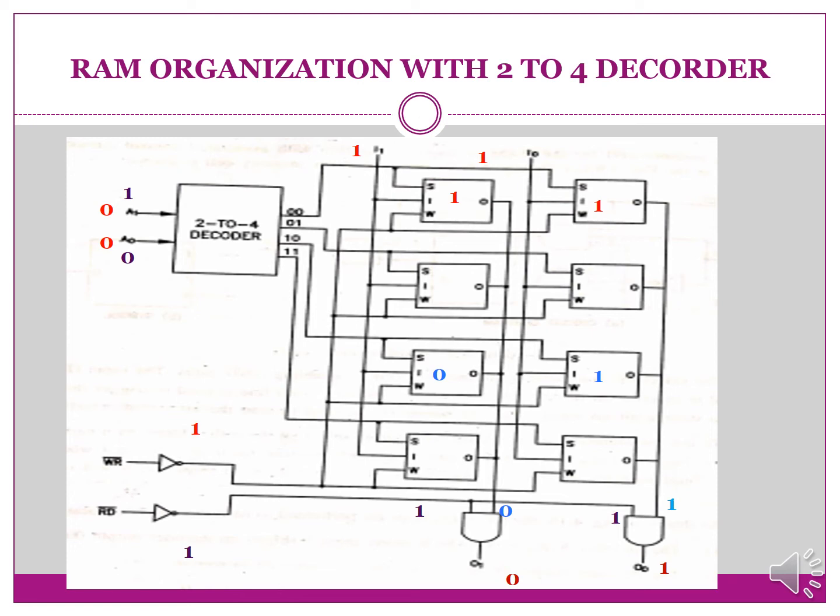So for reading purpose, here input we give A0 and A1 as 1, 0. So your 10 line of the RAM chip is selected for functioning. So the S pin will select the 10 output row with 2 chips.